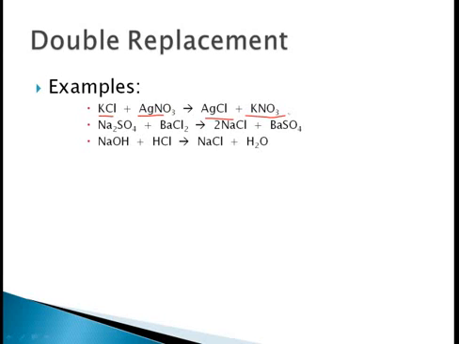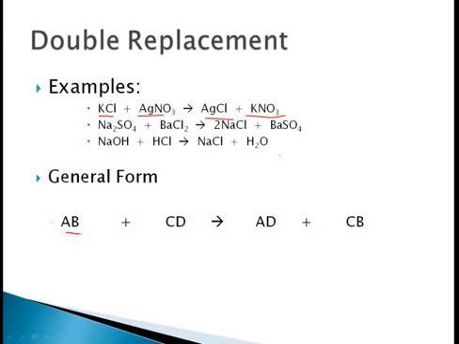Just like when you go on your double date and you have two of you in the front seat and two of you in the back seat, and you decide, okay, we don't like each other, we're going to swap, and you swap partners. When you swap partners here, you always have to have a positive and a negative. You can't have two negative ions, or two positive ions, so that's the only requirement.